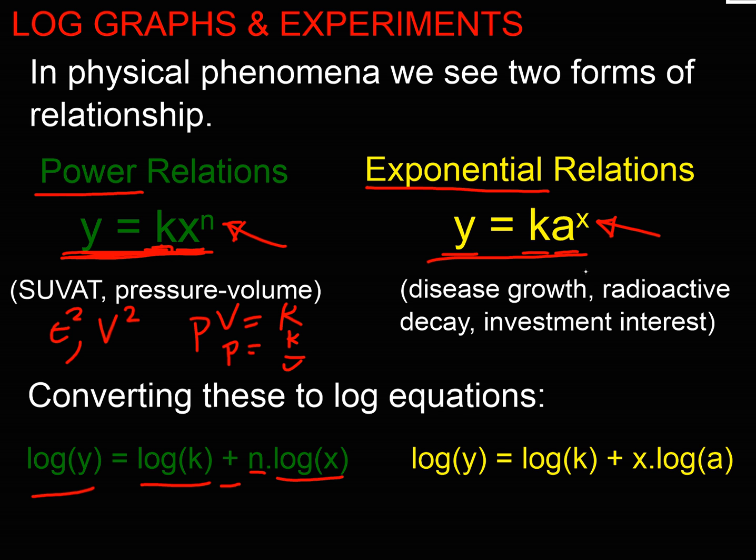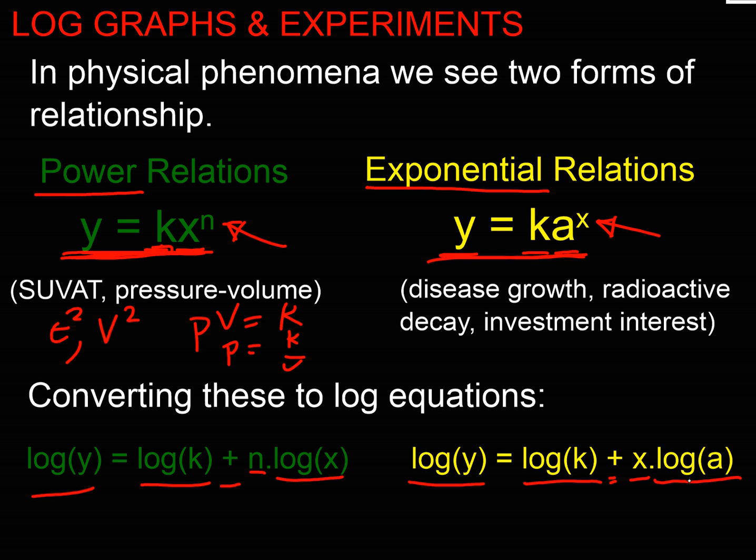On the right hand side, y equals k a to the x. So the left hand side again becomes log y. Once again, the log k comes out on its own, and then again we get an addition operation, and now we've got a difference here because we now get x lots of some constant, log a.